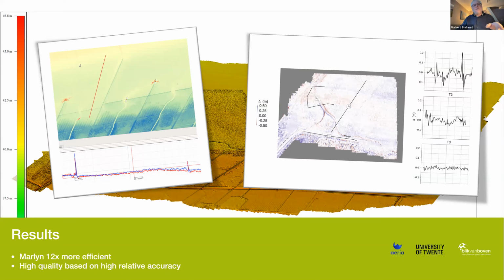And on the left, you can see an image with a red line and a blue line in it. There you see two spikes. These spikes are where we have poles in the field outside, so they just show where we're passing over the poles. But what you can also see is that there is a difference in height between the red line and the blue line.